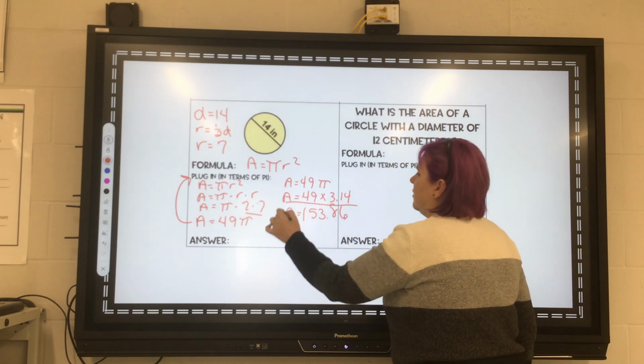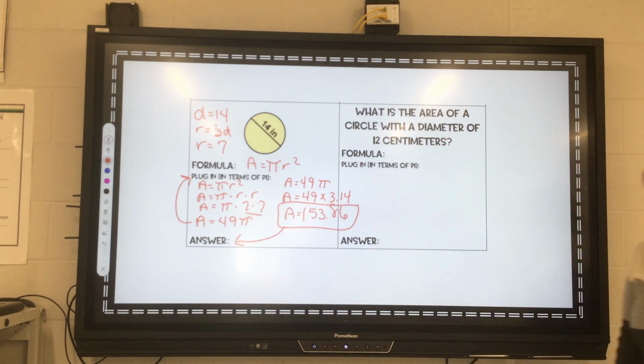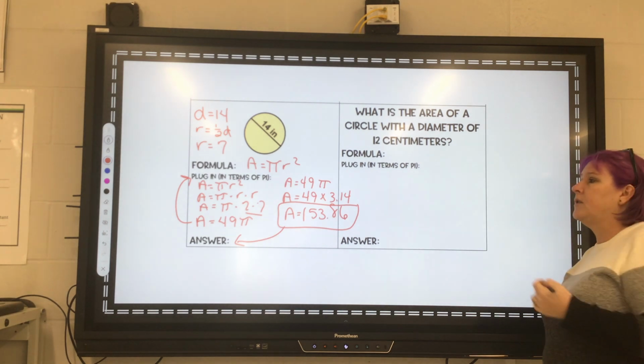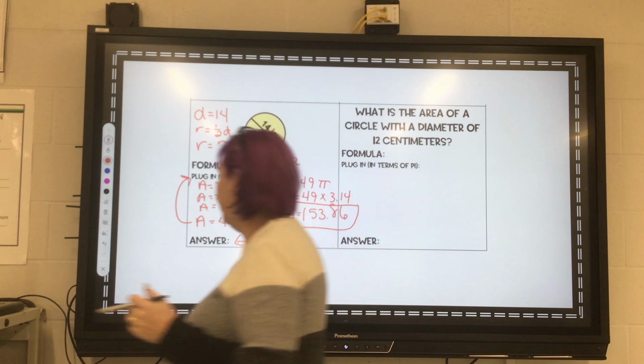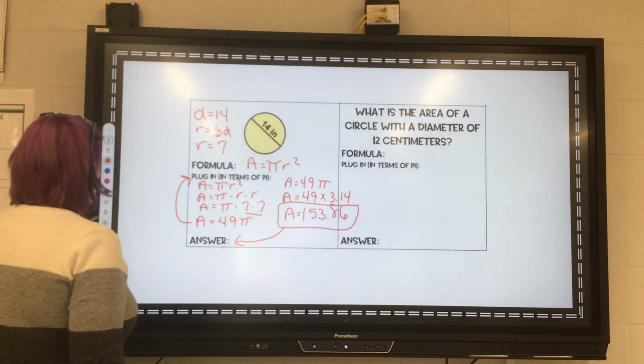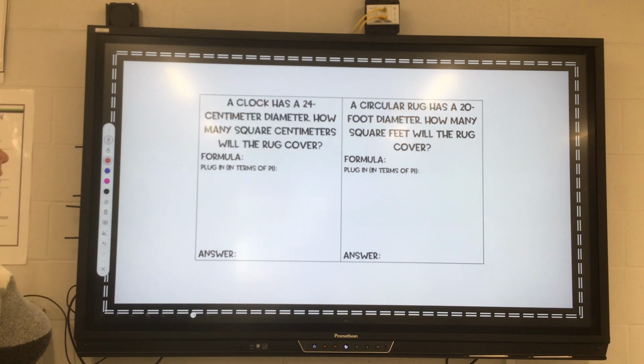So my approximate answer is 153.86. Remember that when we're dealing with circles and pi, it's always approximate because you cannot get an exact number. So those are the two different types of problems.